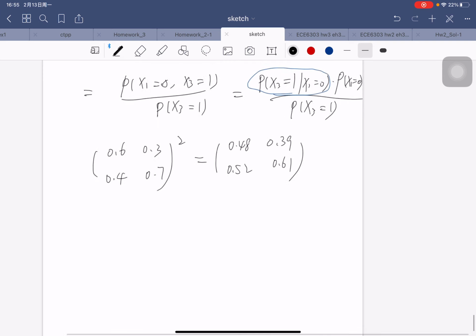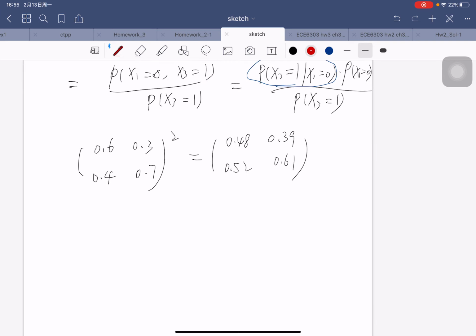These 4 sections mean, the first section means the probability of x3 equals 0 given x1 equals 0, and this probability means just what we want to know, that given x1 equals 0, the probability of x3 equals 1.